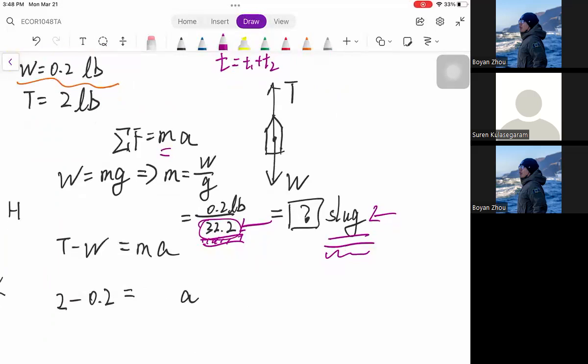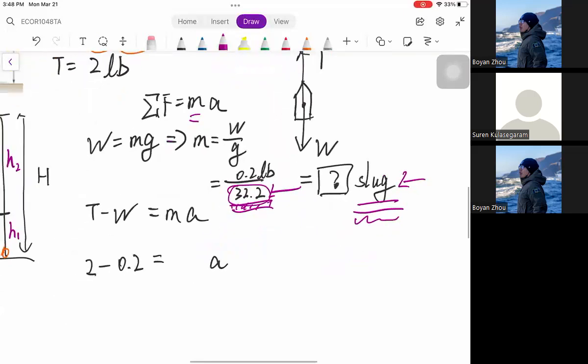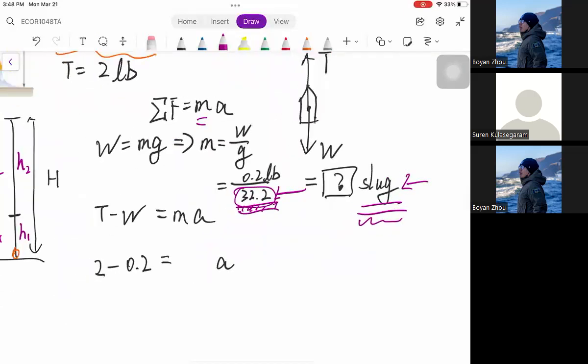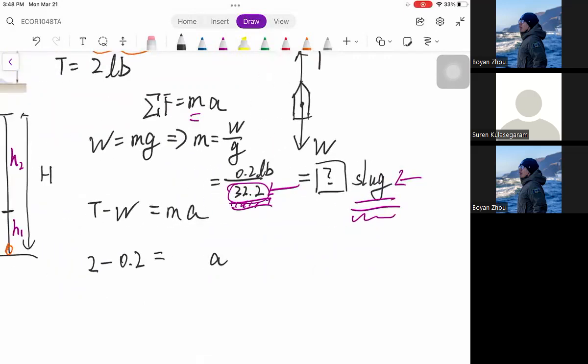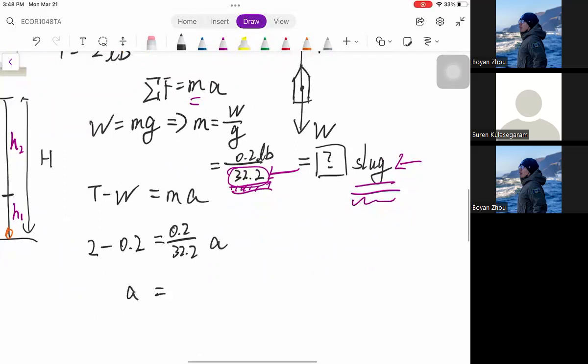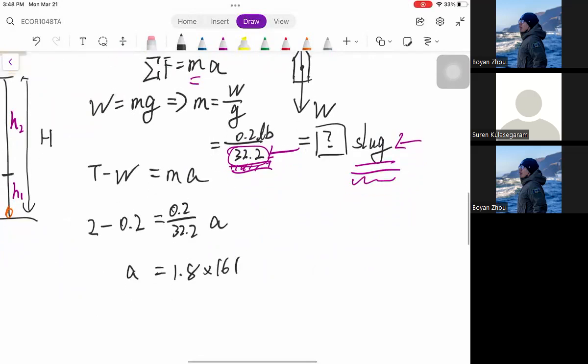So you want to change everything to slug when dealing with mass. You can easily find that value: 0.2 over 32.2. Everything is set up, and we just need to isolate a and find its value. Okay, it's 161, I guess.